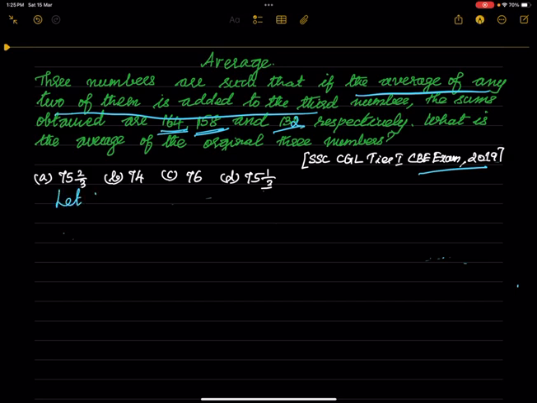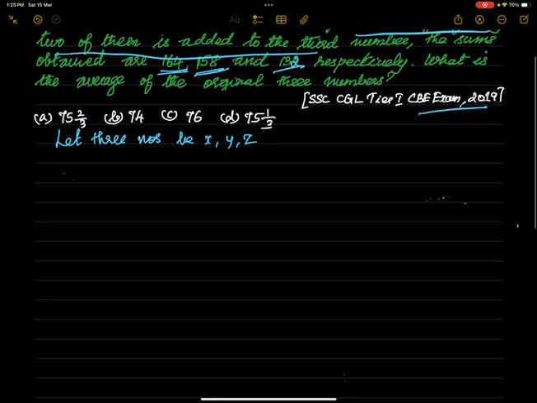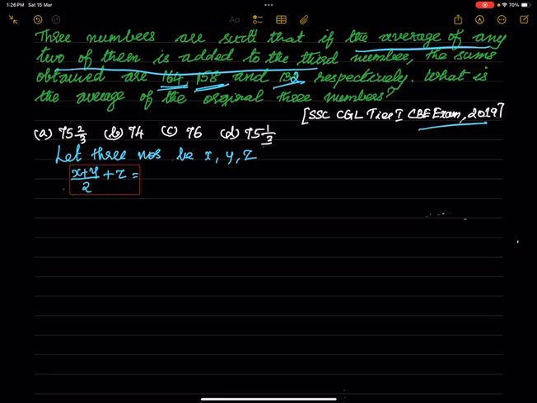Let the 3 numbers be x, y, z. What is given? When you add the first 2 numbers and divide by 2, that is, find the average of the first 2 numbers and add it to the third number, you get 164.